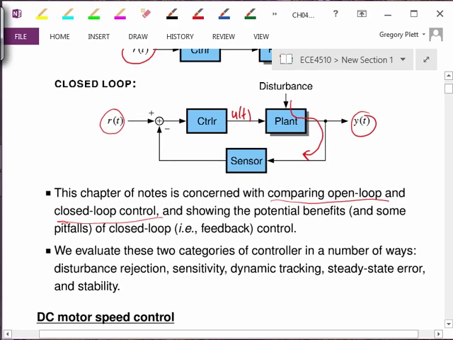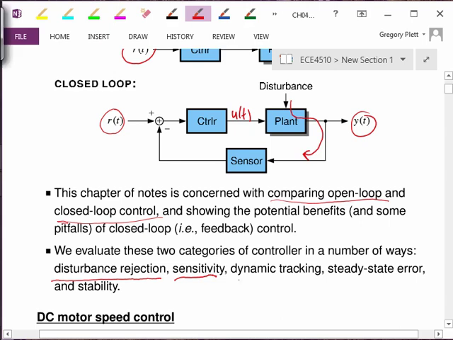We are, over the course of the next sections, going to evaluate these two categories of controller in a number of different ways. We're going to see how well the controller is able to remove or attenuate disturbance in the output of the plant. We're going to see how well the controller is able to deal with uncertainties in the plant parameter values.